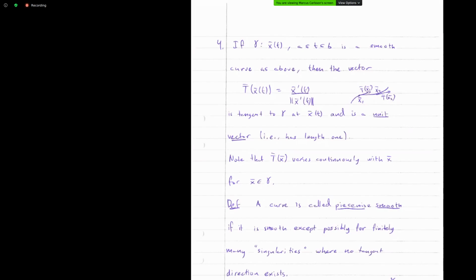So here you have a smooth curve, full stop. Then from that point, picks up another curve, full stop, and then like that. So if you have the union of all these curves, as long as they meet at the endpoints like that, then you call that a piecewise smooth curve. So this boundary of a square would be made up of 4 smooth curves, which is each of the 4 sides.